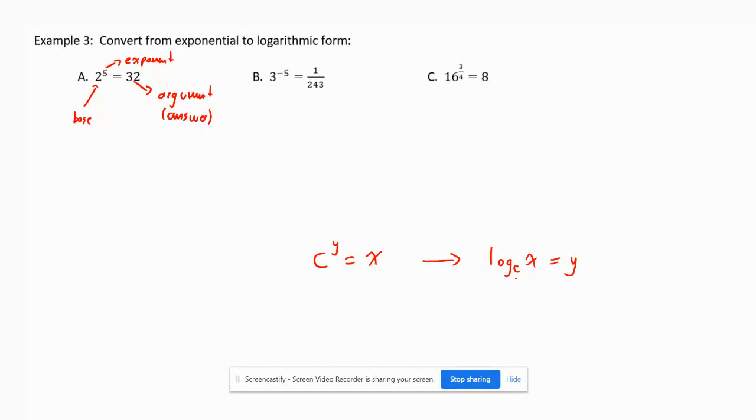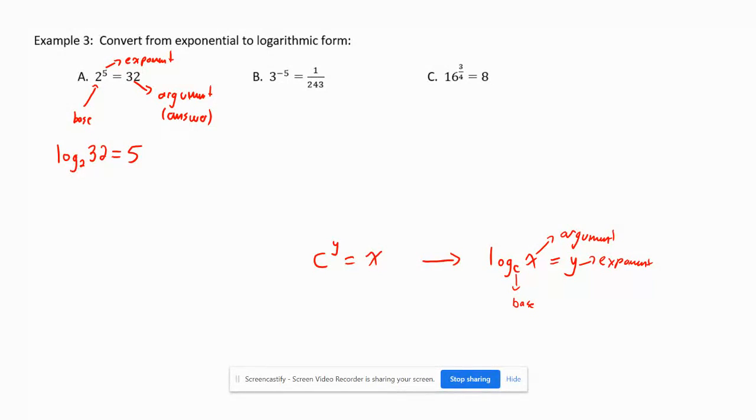So again, this is the base, the exponent, and the argument. Okay, so back to this example. This would be log base 2 of 32 equals 5.